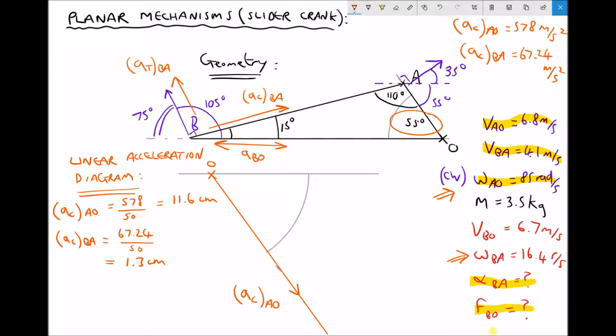Next, I can add the centripetal acceleration of the link BA. The point at the bottom here represents the point A, and I need to draw a second line at an angle of 15 degrees, represented here by our acceleration of B relative to A, so at 15 degrees from the horizontal.